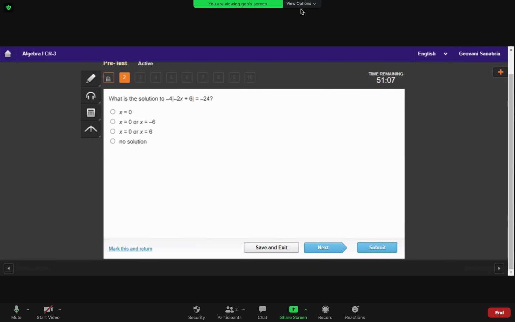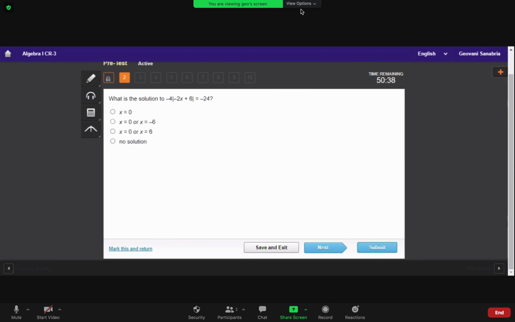Now we just have to check and see if negative 6 is an answer or if 6 is an answer. All right, so negative times 6 is negative 12, plus 6, negative 6.